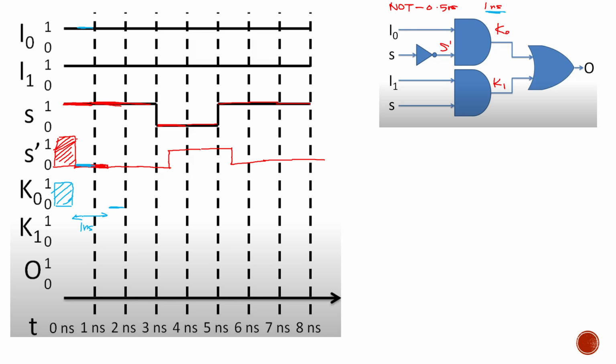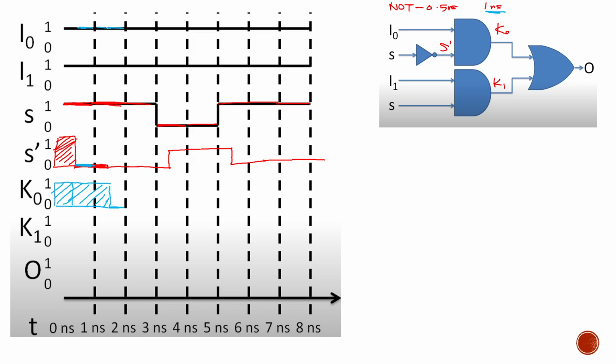For the initial part over here, the gate is not going to have any output because the signals are not defined. Okay, so that is this portion and this portion of the signal. Now let's advance into the next portion.